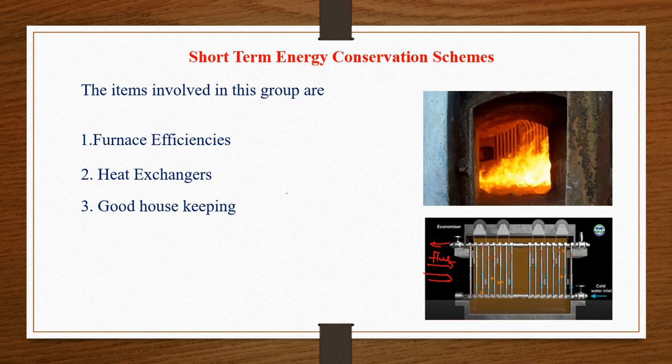Instead of that, just open your doors and windows, then natural light will come into the room, so we can utilize it. There we can reduce the energy. So that electrical energy we are saving there. So these are also good housekeeping methods, or short-term energy conservation schemes. So this comes under the short-term energy conservation scheme.